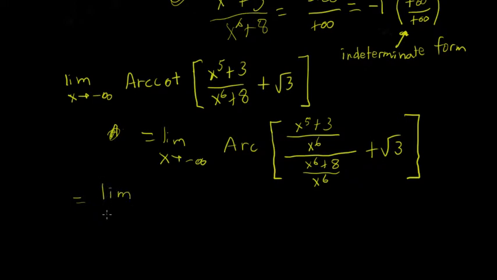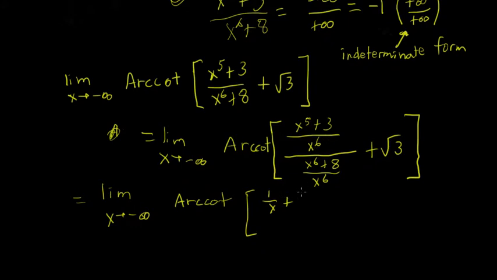So this is the limit as x tends to negative infinity of the principal arc cotangent, oops, I just wrote arc, should be arc cotangent, of, we do this division here, we get 1 over x.